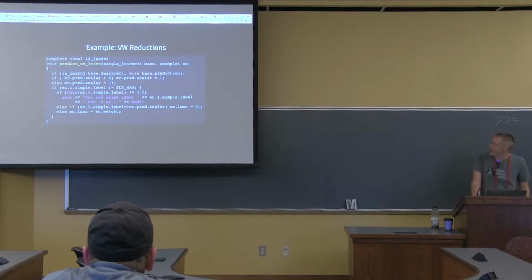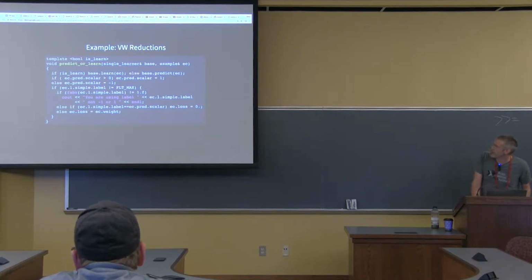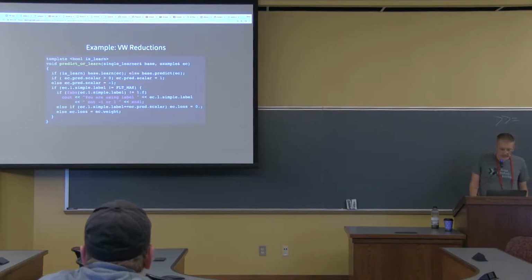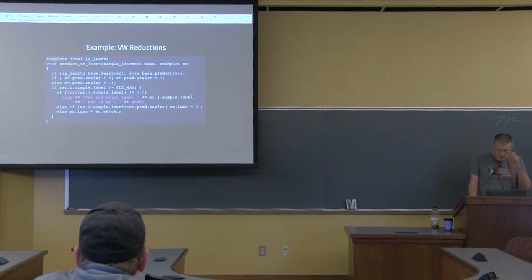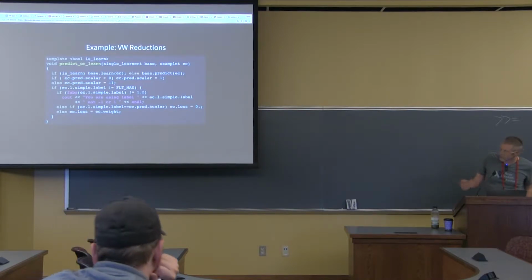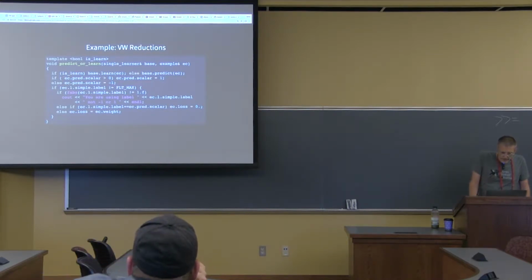And so this is the function doing that last reduction from classification to regression. And it's making a separate call to that base learner, which in this case is a regressor. And it'll call that base learner's either learn or prediction function, depending on how it's configured.